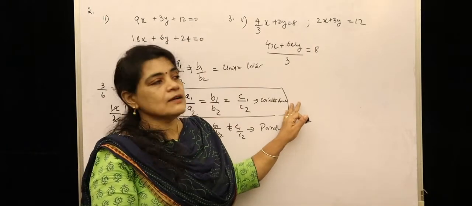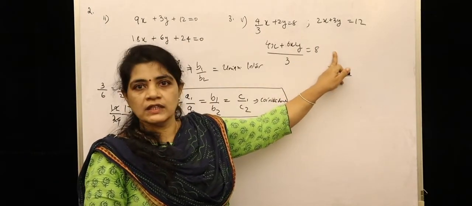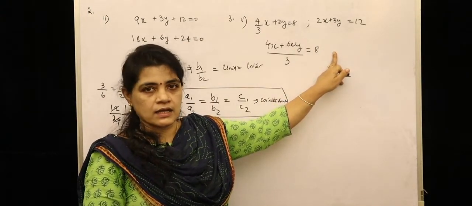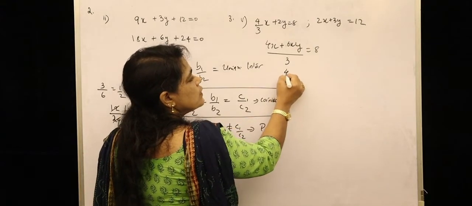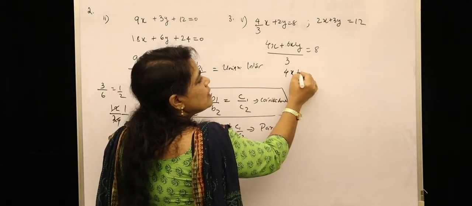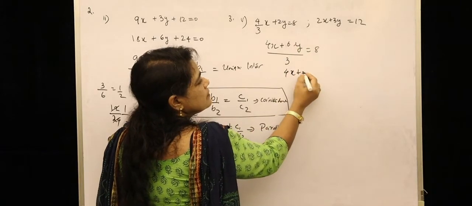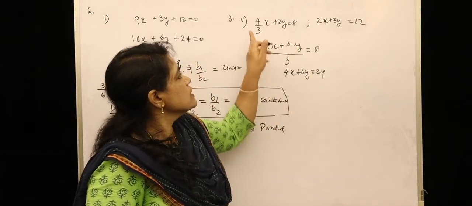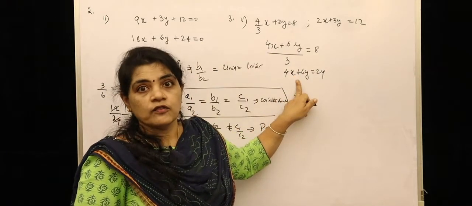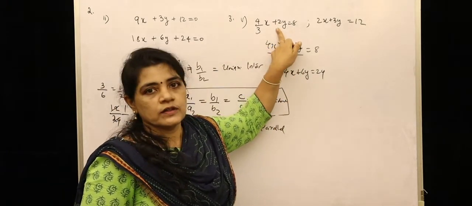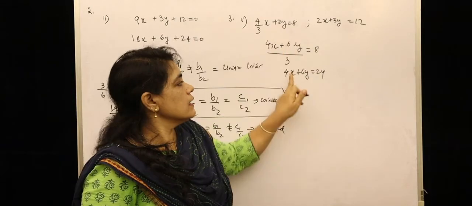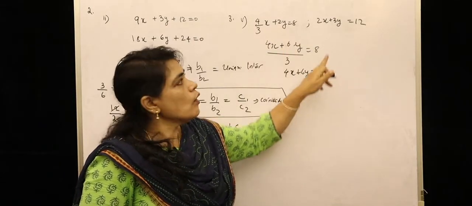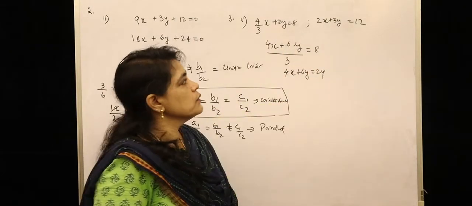And the next step, this 3 will go along with the 8 under multiplication on the RHS. So it will reduce into 4x plus 6y equal to 24. So this is the simplified form of the first equation. And here children, you can simplify, or by taking this you can reduce, that doesn't matter.